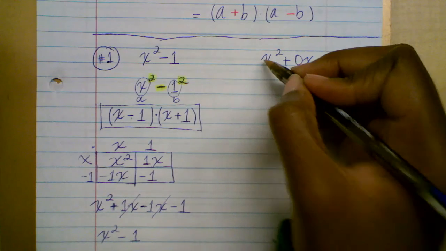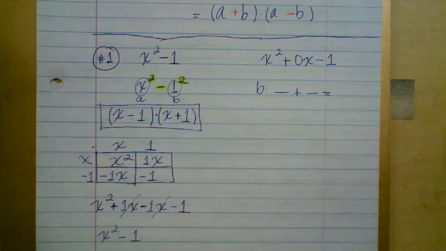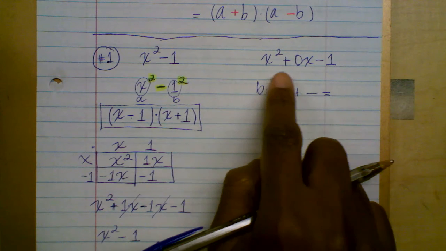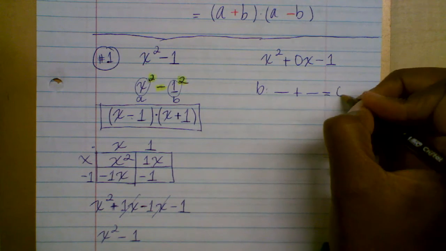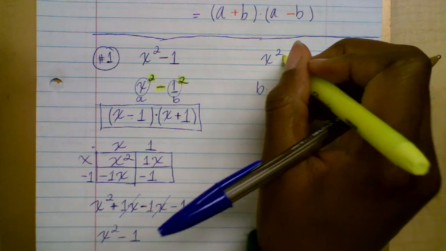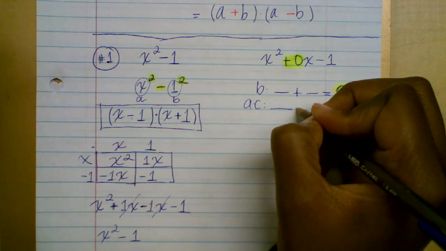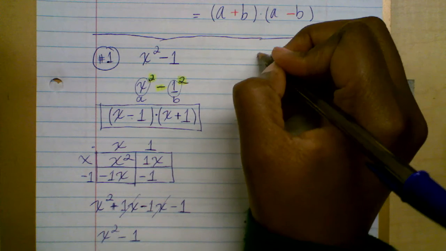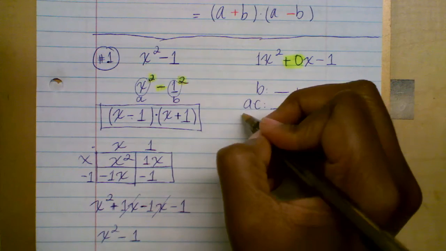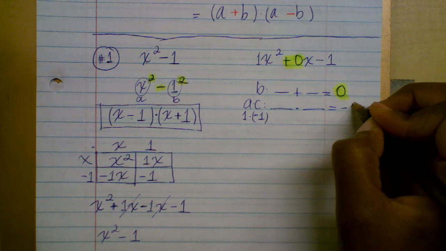So the a here is 1, so you want to find two numbers that add to what? You want to find two numbers that add to the b number, which is 0, and you want to find two numbers that do what? The same two numbers multiplied to a times c, and a here is 1, so you have 1 times negative 1, which is going to be negative 1.